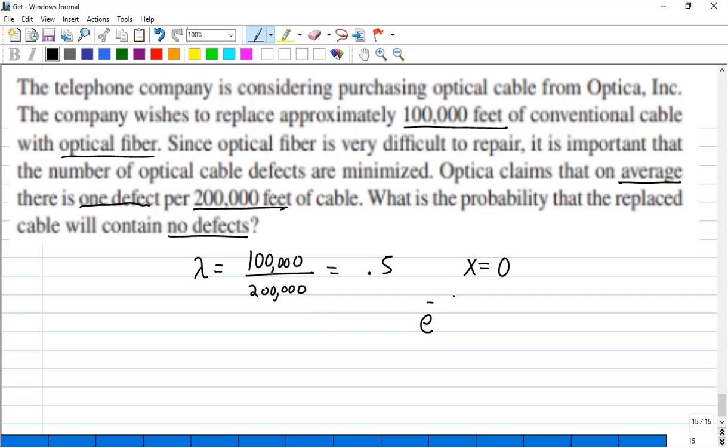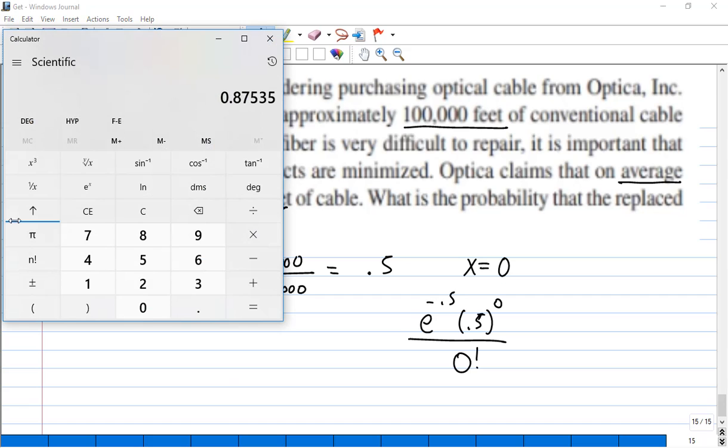e to the negative, I may say alpha, I mean lambda. Sorry, so lambda, that's 0.5, times lambda to the x power divided by x factorial. So that's what I need to plug in my calculator.